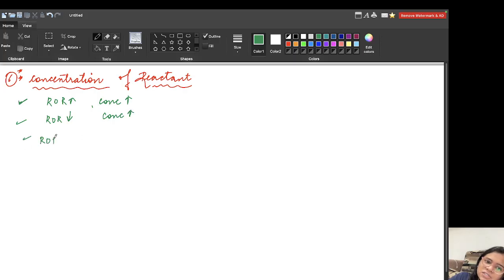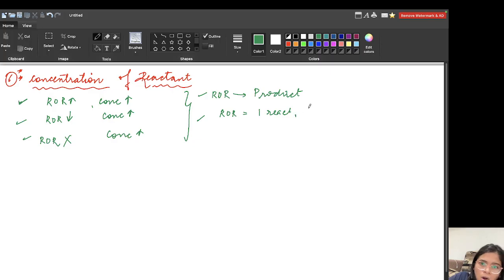Sometimes the rate of reaction is not affected by any increase in concentration. And sometimes the rate of reaction depends on the concentration of product also. Sometimes it depends upon either one reactant or all reactants. So this is very confusing, right? How the rate of reaction depends upon the concentration of reactant or product is very confusing.